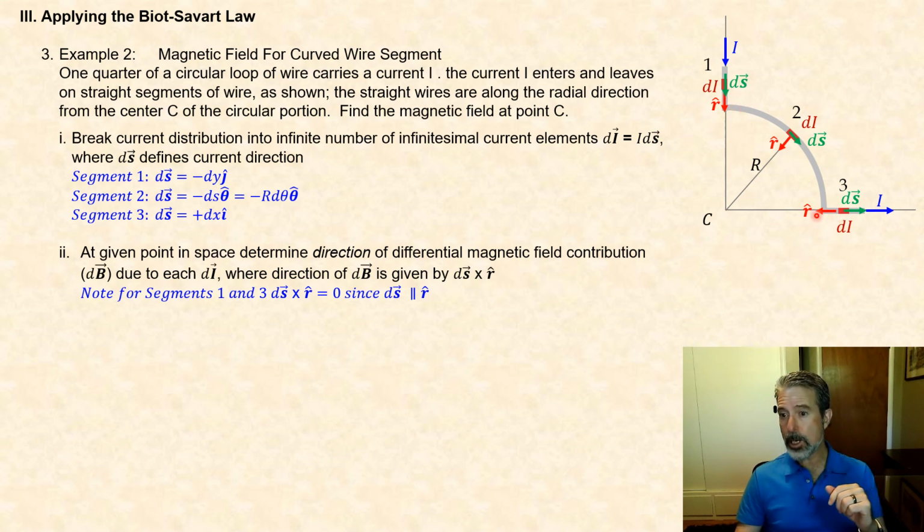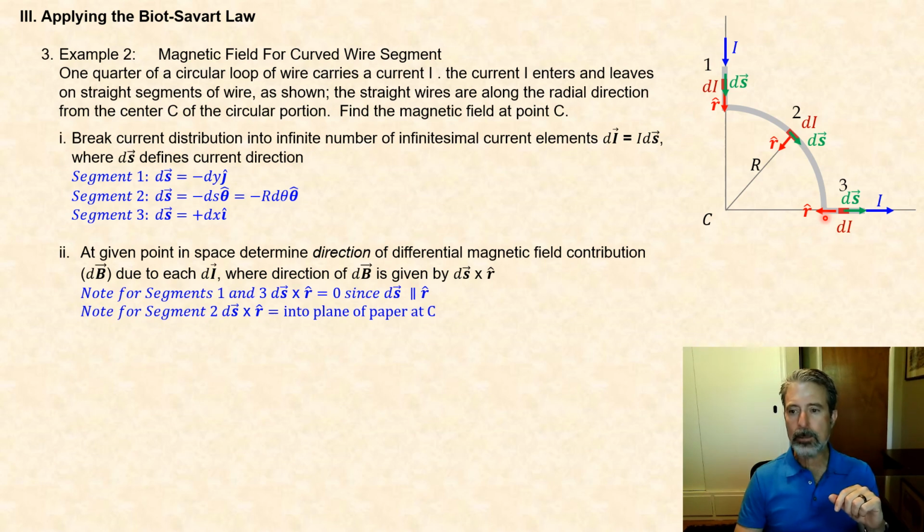And similarly for this other straight portion, you'll notice that ds and r hat are anti-parallel, and similarly we can reason that the sine of 180 degrees is 0 as well. So it turns out that only segment 2 makes a contribution to the magnetic field. And when you look at ds cross r hat using the right-hand rule, you should do this and convince yourself that the direction of that field contribution would be going into the plane of the paper at the field point C.